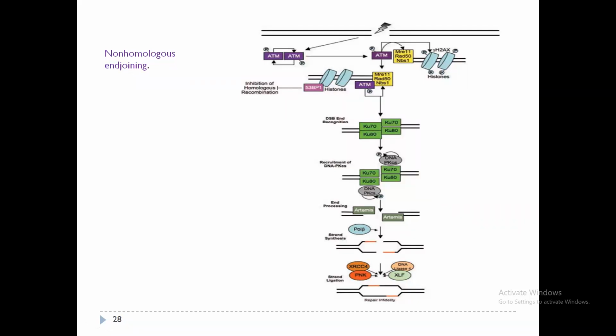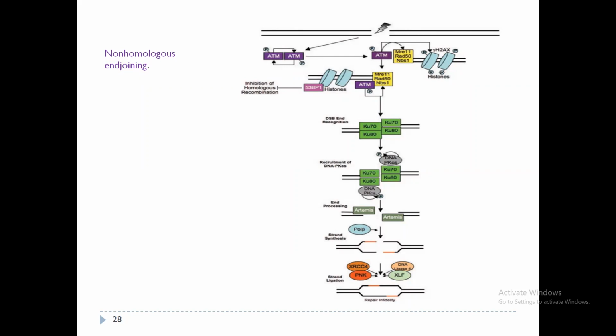Then double strand break recognition occurs by the Ku heterodimer. And then finally, recruitment of the DNA protein kinase catalytic subunit by the Ku heterodimer. And it also recruits Artemis, that is a protein having endonuclease activity.